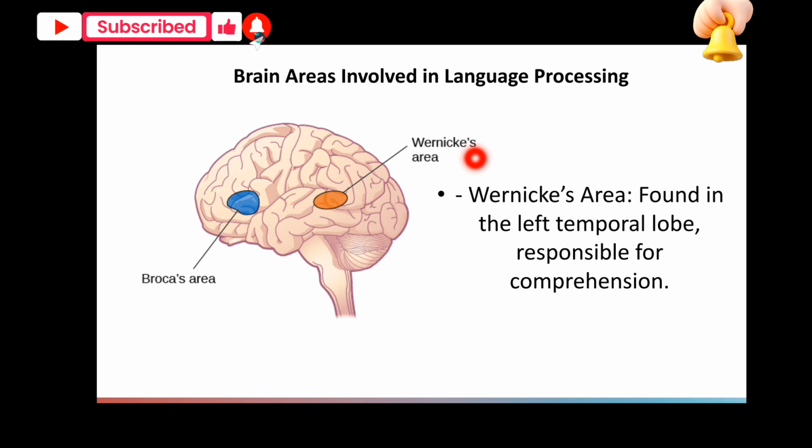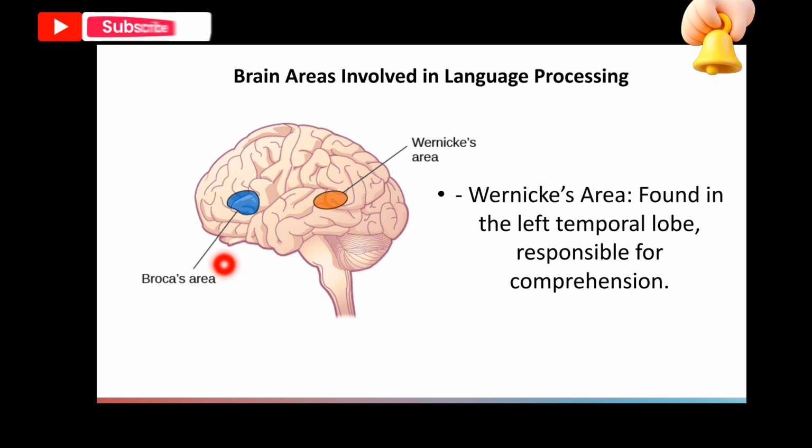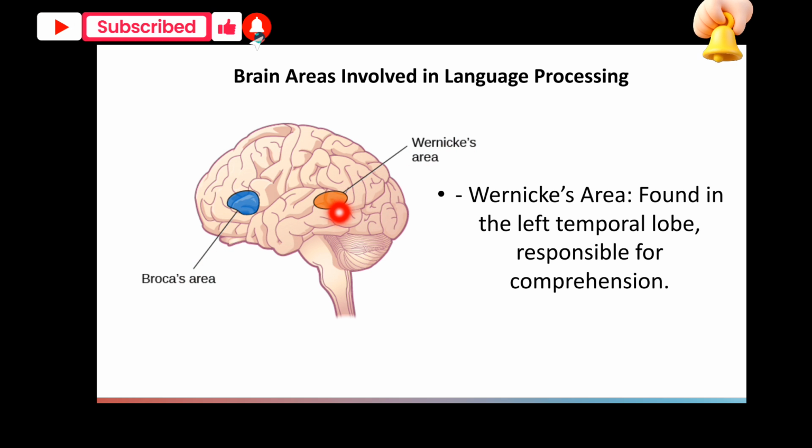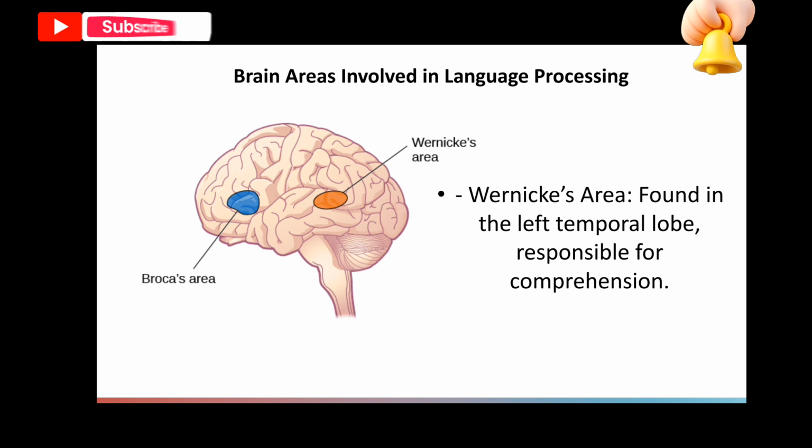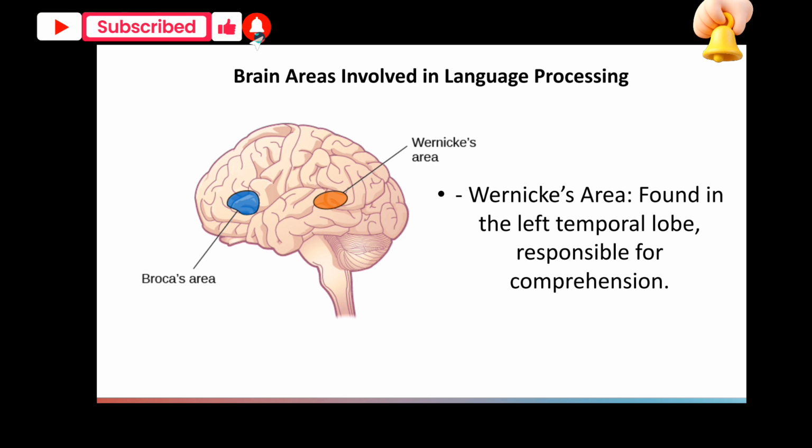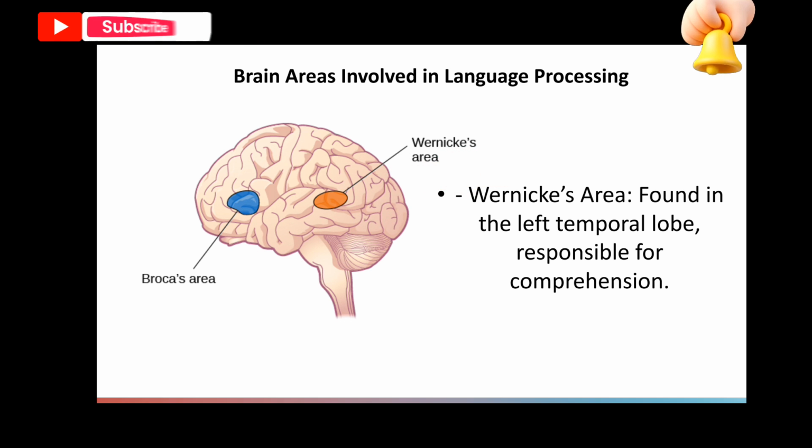So you might be able to produce sentences, and your Broca's area might be fine, but if this part is damaged, you will have a problem in comprehension. You have a problem understanding what someone else is saying. So this is another area, responsible for speech understanding, not production, but comprehension.